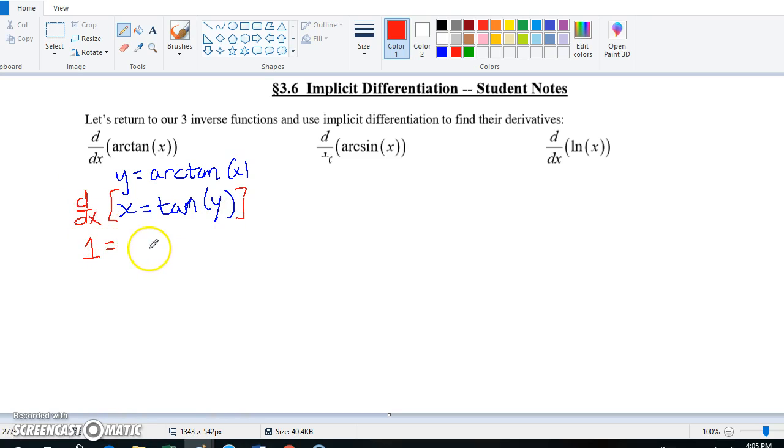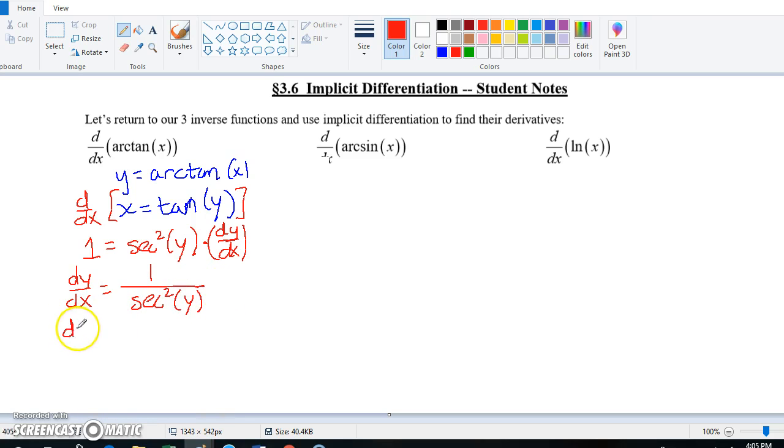We're going to get 1 is equal to the secant squared of y times dy/dx using the chain rule. We're going to isolate dy/dx by dividing by secant squared y. Another name for 1 over secant squared y is cosine squared of y.